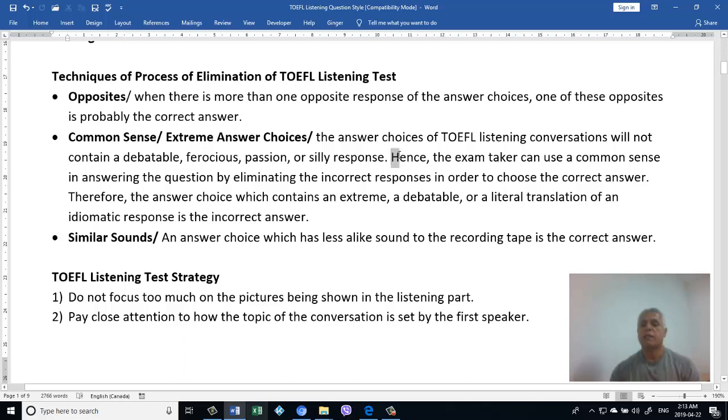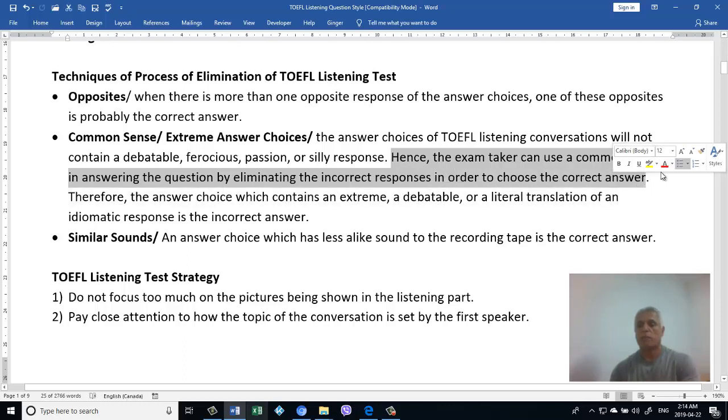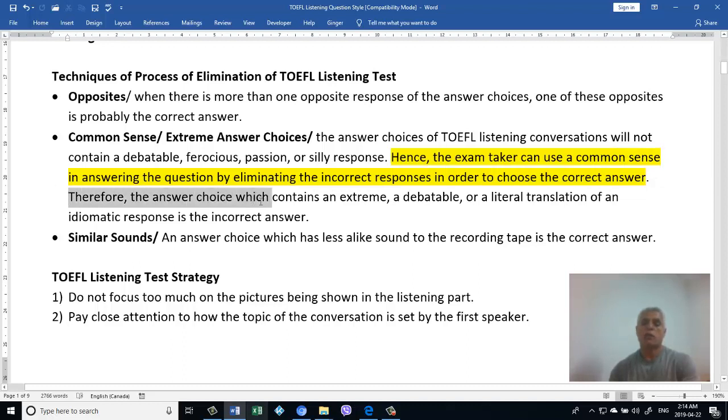Hence, the exam taker can use common sense in answering the question by eliminating the incorrect response in order to choose the correct answer. Therefore, the answer choice which contains an extreme or a debatable or a literal translation of an idiomatic response is the correct answer. Okay, here you have to be careful.